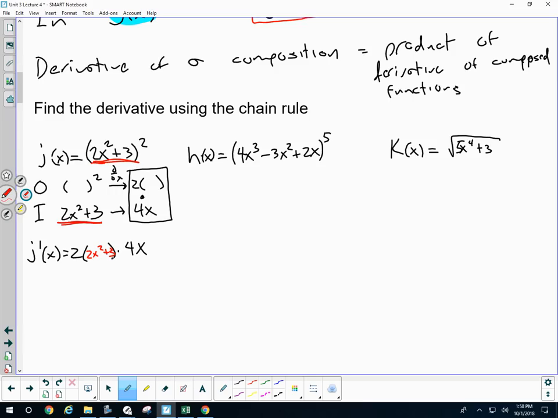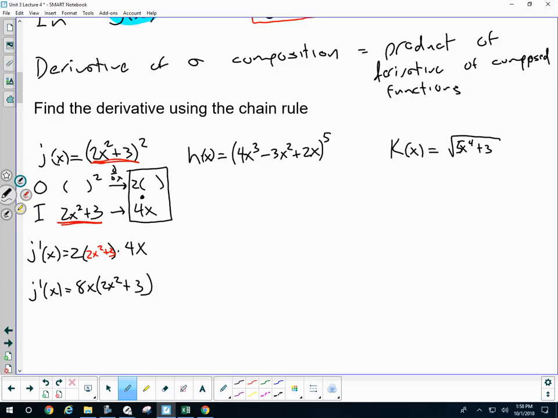And now I can stop here. This is fine. This is the derivative. It's a tangent slope generator. If I were to simplify the 2 and the 4x to get 8x times 2x squared plus 3, great, we could do that. And I would stop there. This is like a factored form of a derivative.